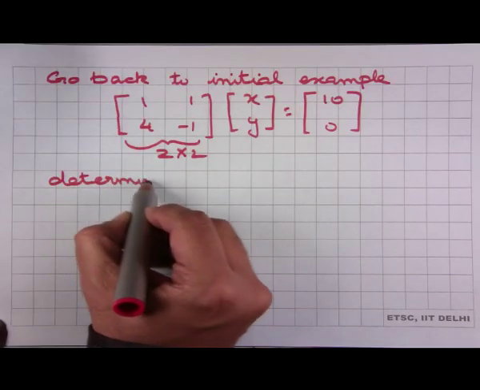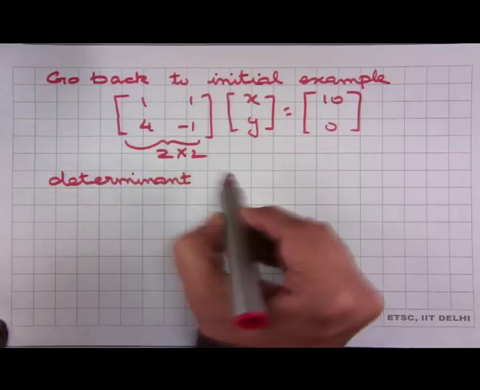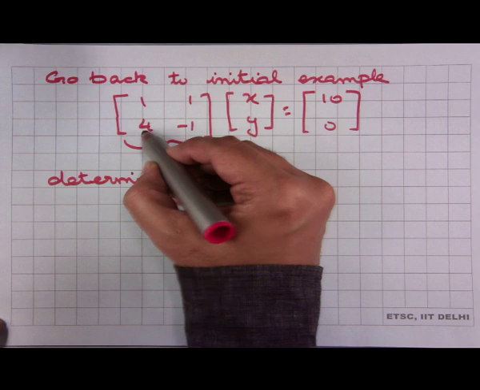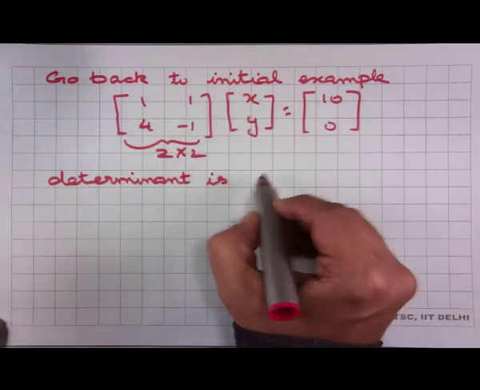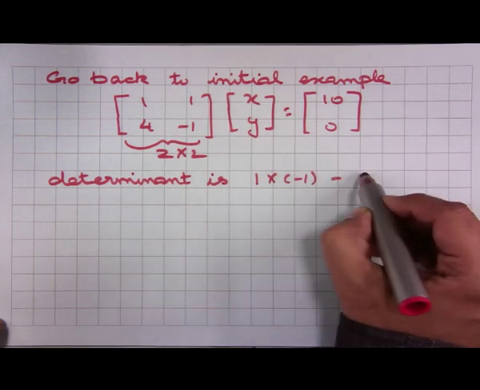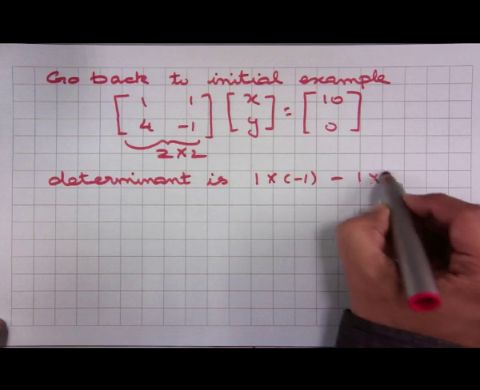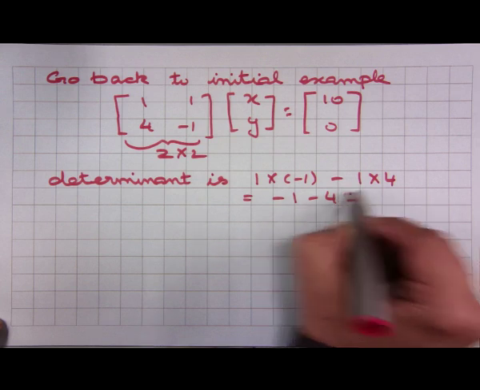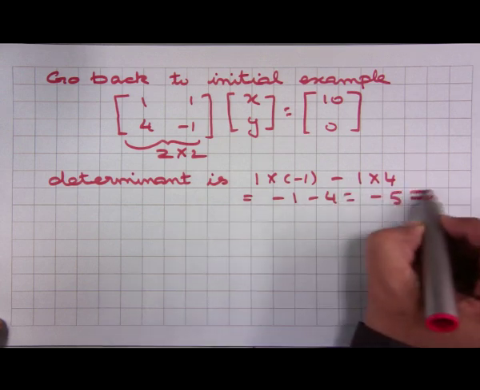So, what is the determinant of this matrix? AD minus BC. So, 1 into minus 1, minus BC, which is 1 into 4. So, this is minus 1 minus 4, this is minus 5. So, that is not equal to 0.